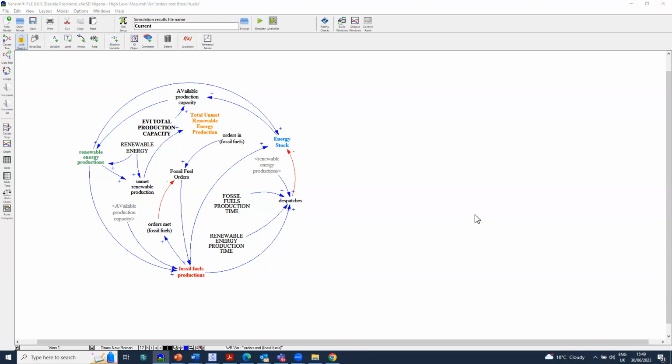Can we name them? EFV total production capacity, renewable energy, fossil fuel production time, renewable energy production time. That's right. So if we change that exogenous variable, we can change the behavior of the model.